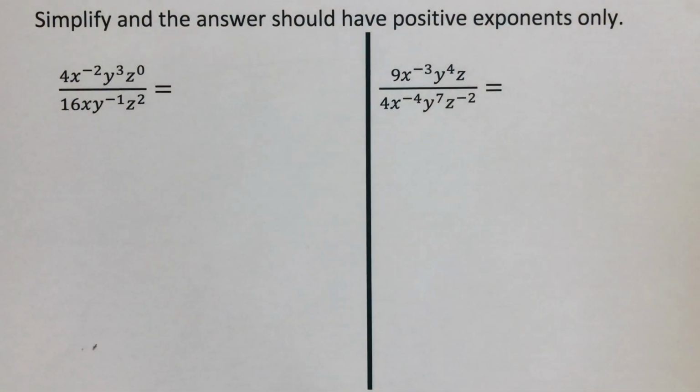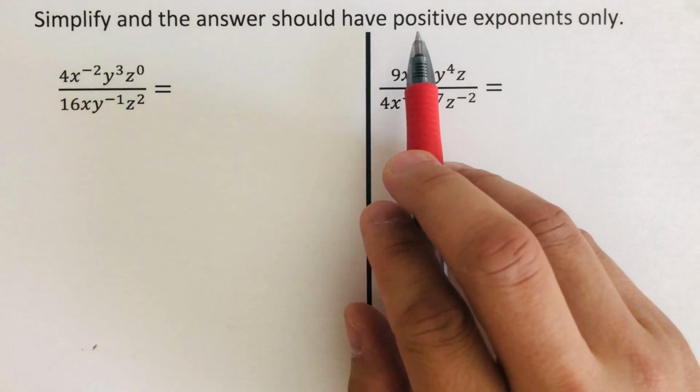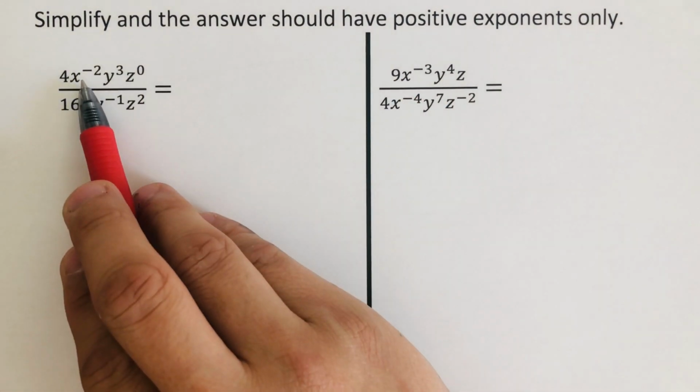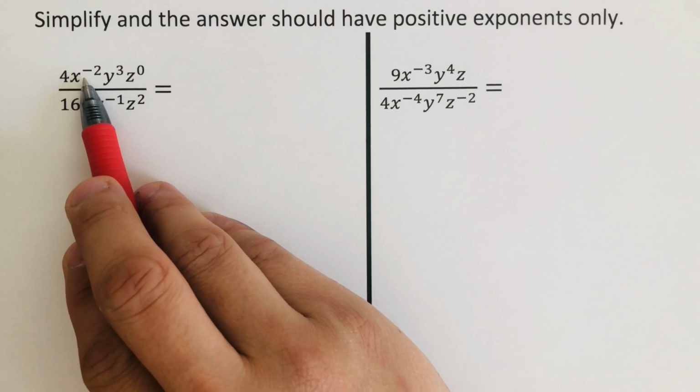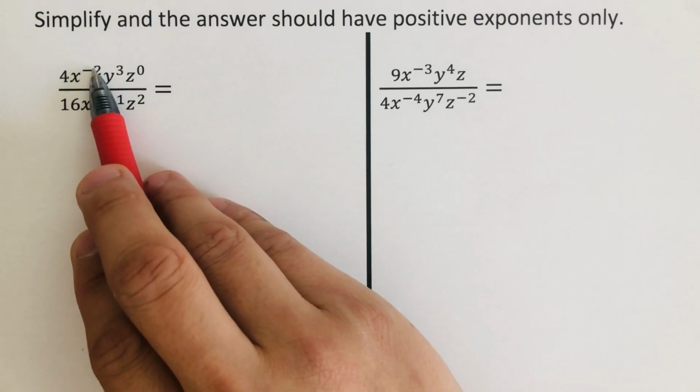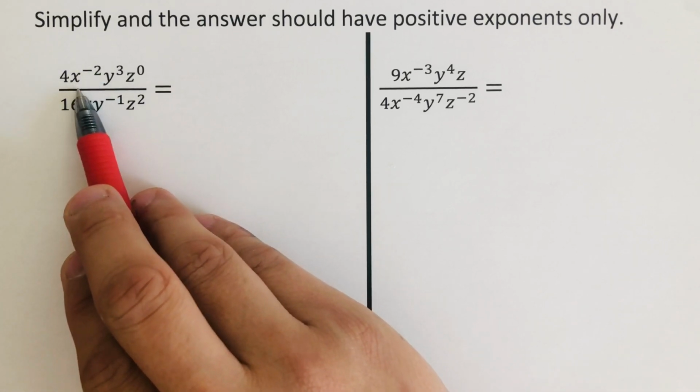So the tip here is that, because our target is to come up with a positive exponent, whenever you get a negative exponent, you are going to move it to the bottom. So if the negative exponent is on top, you move it to the bottom.